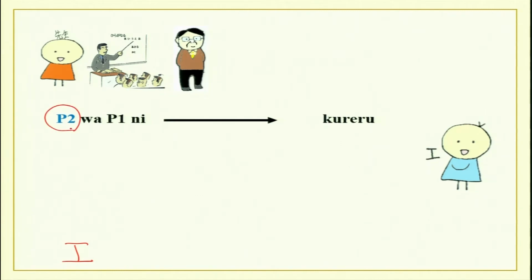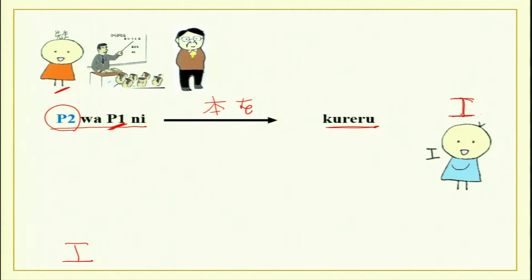Person 2 wa person 1, that is me, ni kuremashita. So, sensei wa watashi ni hon o kuremashita. This is person 2 and this is person 1, who was the subject so far in ageru and morau.